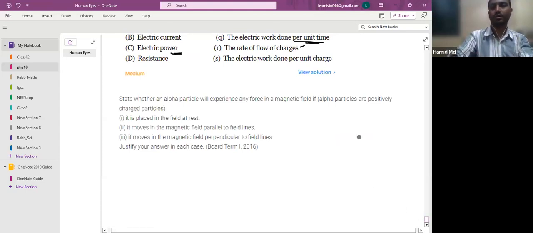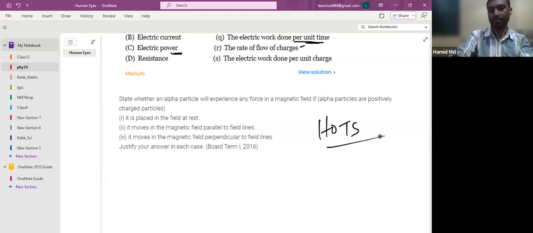And this is a HOTS question, from board term 2016. State whether an alpha particle will experience any force in a magnetic field or not. This is the definition of force you will study in class 11th or 12th.